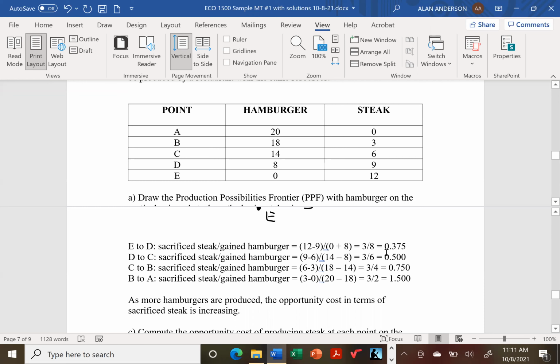I just realized now that I left out all. Well, actually, no, I did it this way on purpose, I guess. Oh, no, I'm sorry. This one is wrong. This should have been 8 minus 0, sorry. You don't need the negatives. So what I did here is I wrote it this way so you can see that we don't have any negatives. It's the absolute change in one divided by the absolute change in the other, regardless of which one is negative and which one is positive.